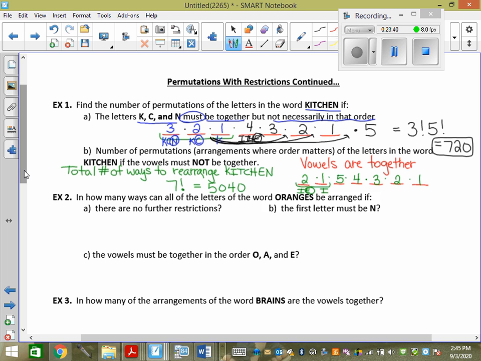What's the last thing I have to do when they say are together but not at the front? We have to count the places they can move. They can go, exactly, here, which is one way, or between these 2, 3, 4, 5, 6. So it was one more than the hooked together ones, right? That's what I told you.